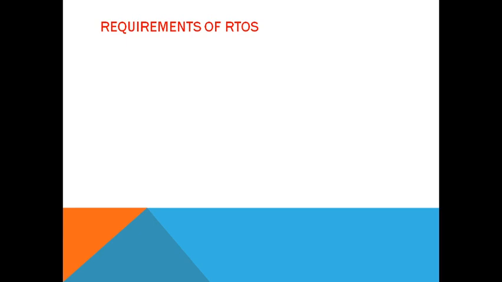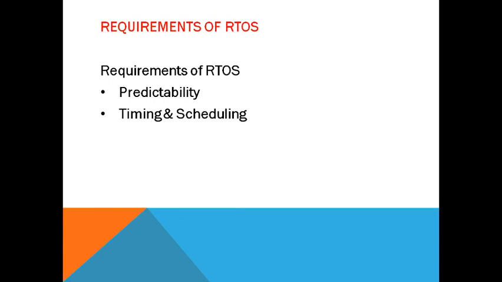Okay, so next are the requirements of RTOS. The first is predictability: as the real-time operating system works in real time, we must be able to predict the event. Unless and until we can predict the event, we can't face the real problem which occurs in a real-time interval. So timing and scheduling is very important. We can take the example of a rover. If you watch a video of the Mars rover on the internet, you can experience what predictability is and how timing and scheduling take place there.